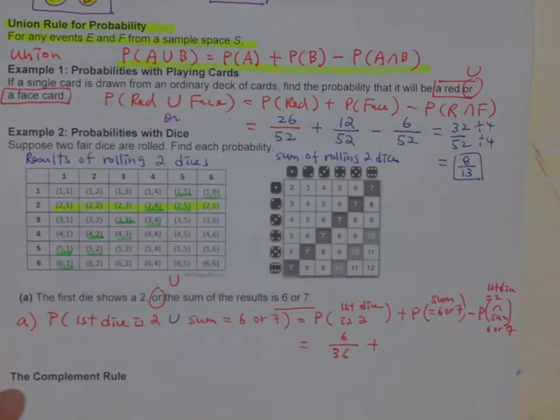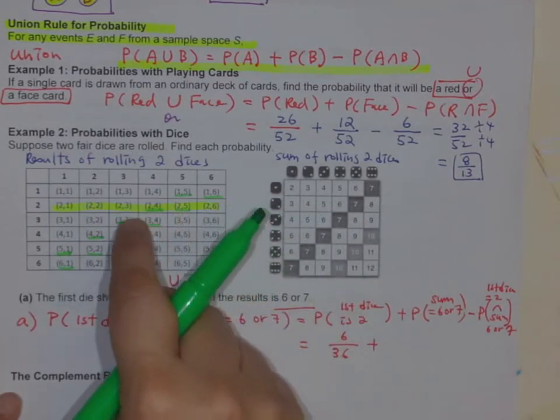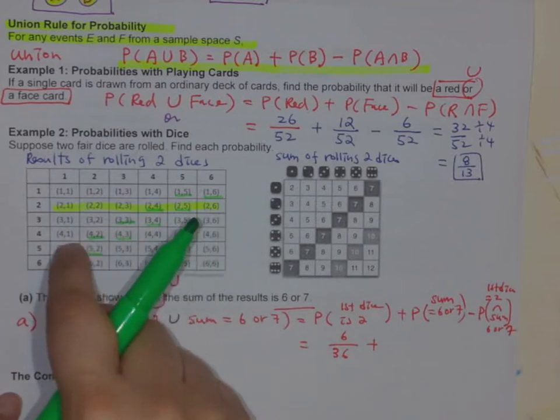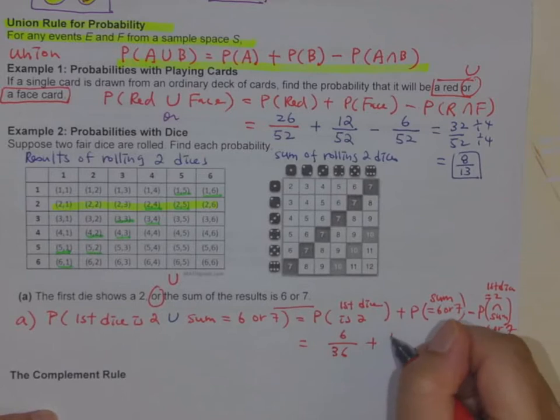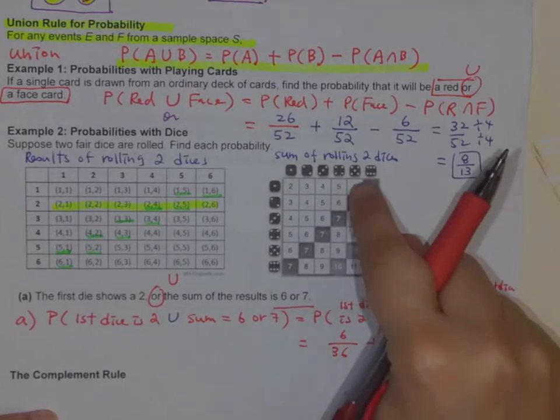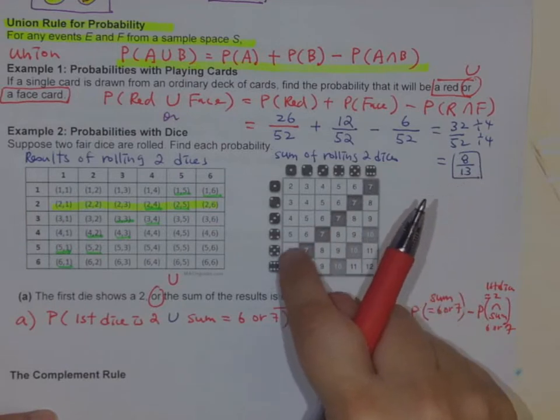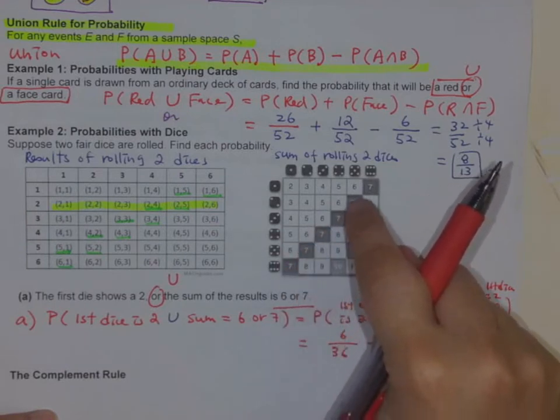So 2, 4, 6, 8, 10, 11. So you have 11 out of 36 would be the sum equal to 6 or 7, or you can see here 1, 2, 3, 4, 5, 6, 7, 8, 9, 10, 11.